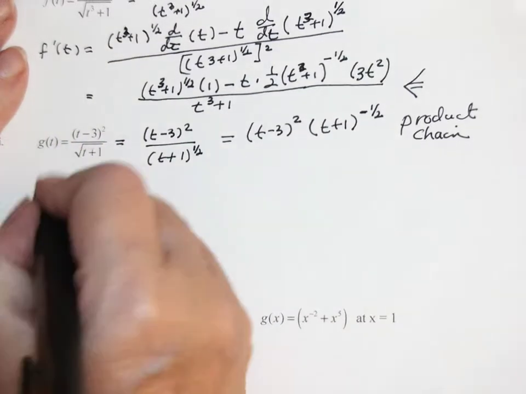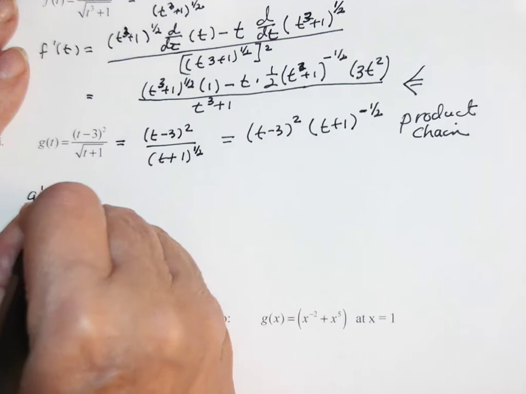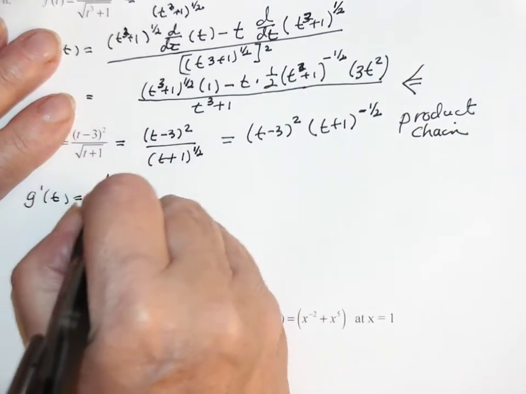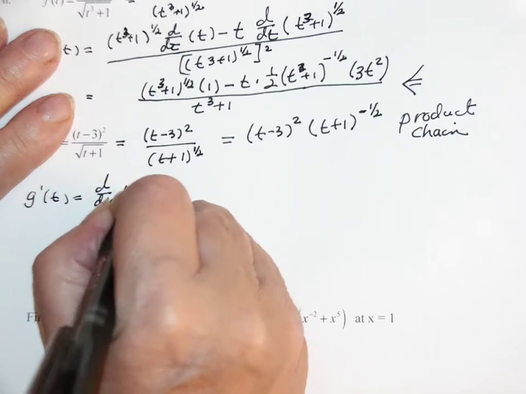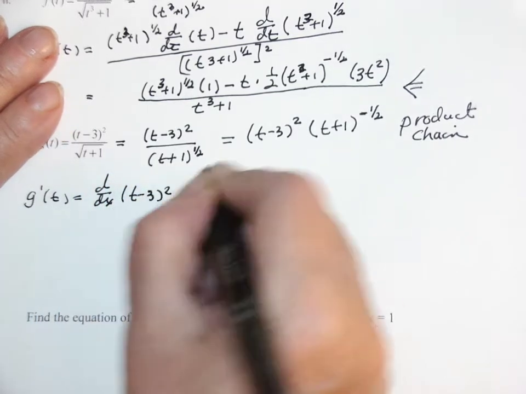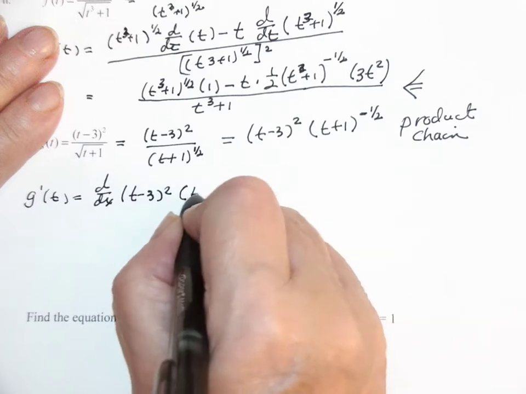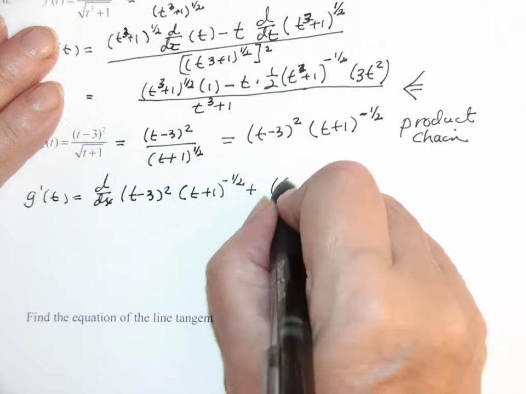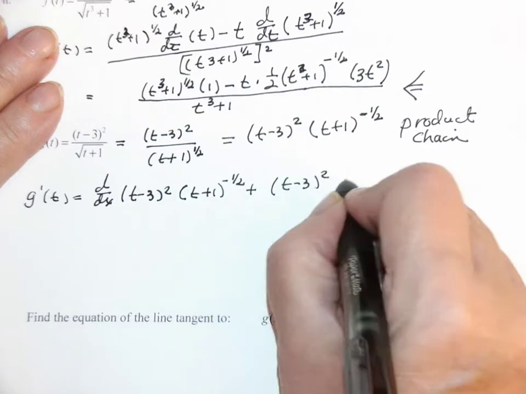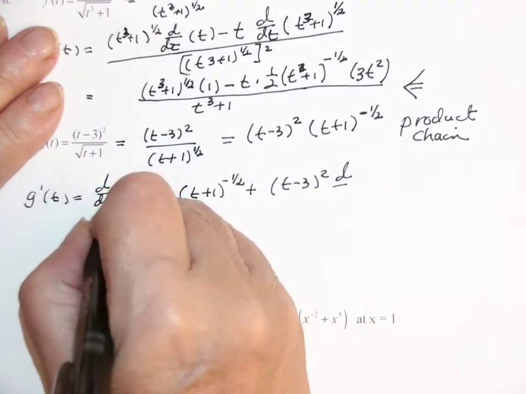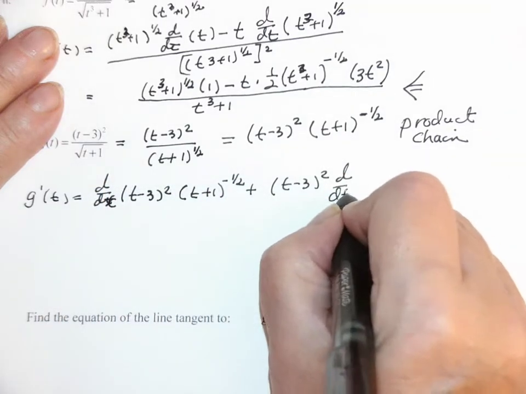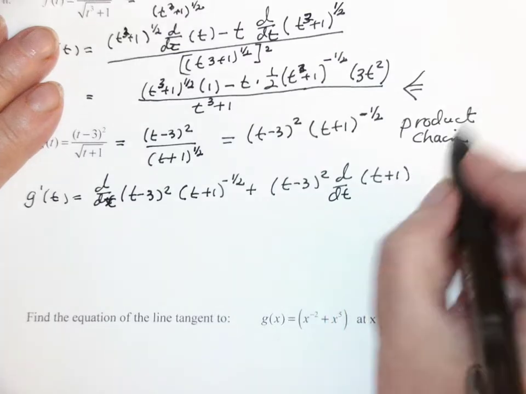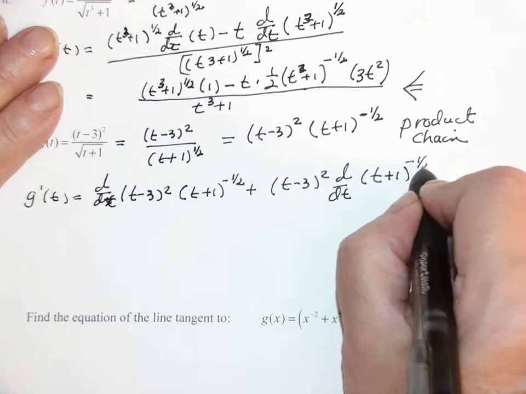Either way. So g prime of t equals the derivative of the first, t minus 3 squared, times the second, t plus 1 to the negative 1/2, plus the first, t minus 3 squared, times the derivative, and this should be with respect to t, of the second, which is t plus 1 to the negative 1/2.